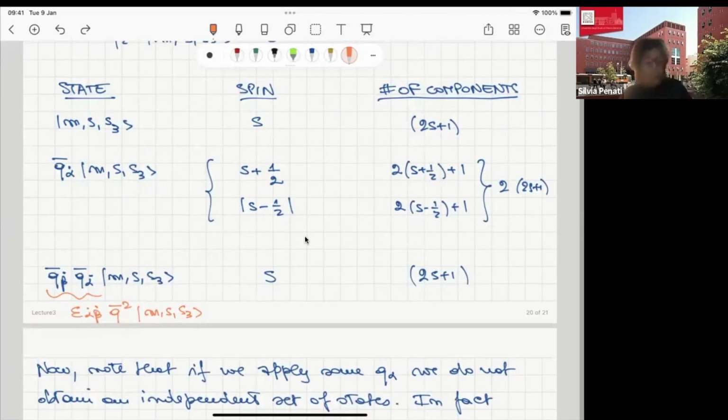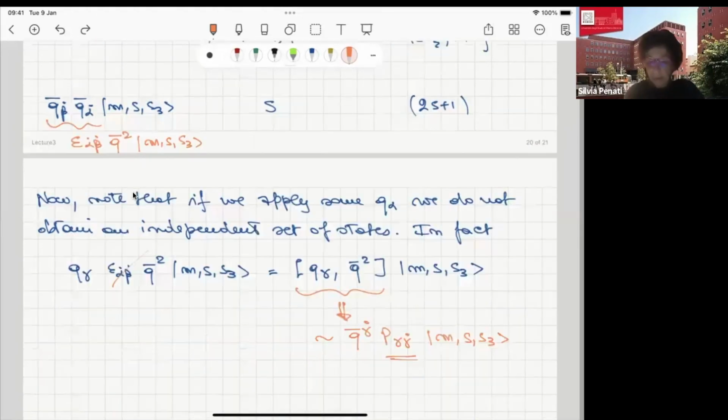Now, in a moment, we are going to compute how many. But let's say the set of states that you find in these 3 steps closes under the action of the supersymmetry algebra, in the sense that the set of states that I'm building up in this chain will transform one into the other under the action of supersymmetry generators.